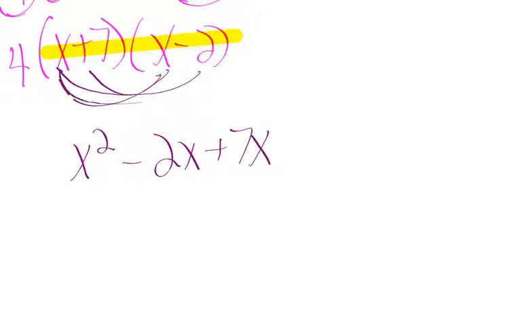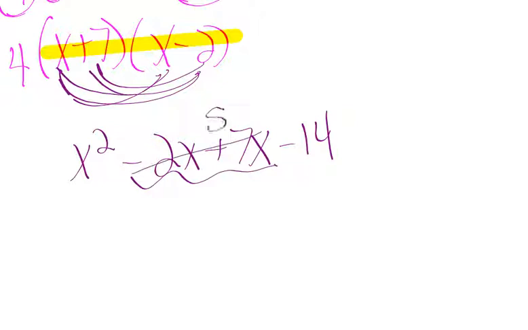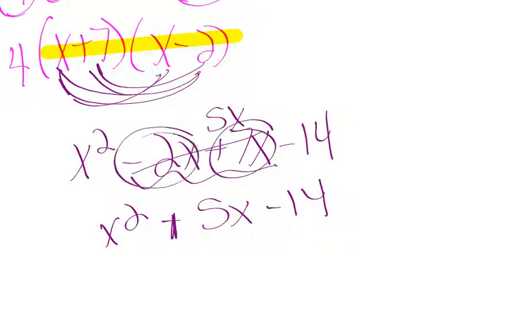And our last terms is 7 times -2, which is -14. Alright, now combine your like terms, and that's going to be a 5x, because you've got 7x minus 2x. So we have x squared plus 5x minus 14.